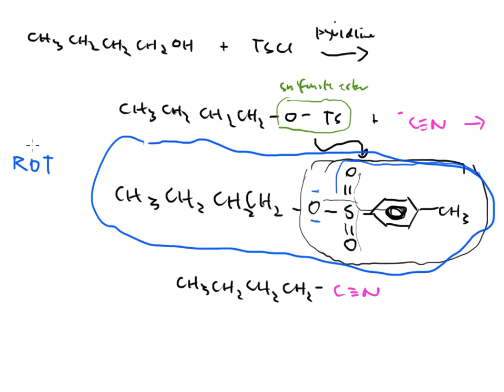We call that an ROT. So my alcohols react with tosyl chloride to make an ROT, and that ROT will basically break apart. The leaving group leaves, allowing me to put on whatever kind of nucleophile I want at that point in time. Now, let's take a look at the mechanism.